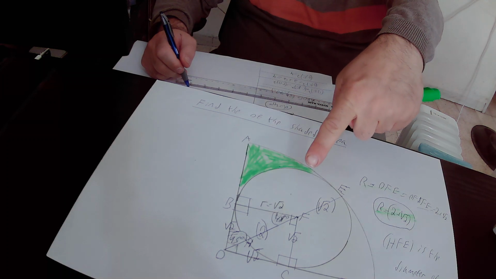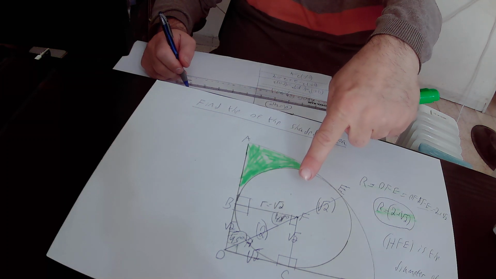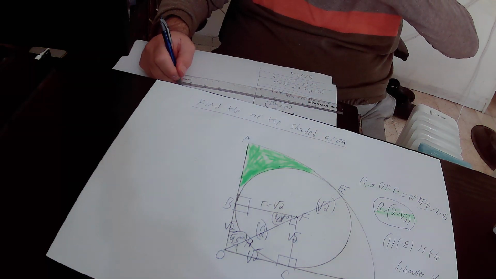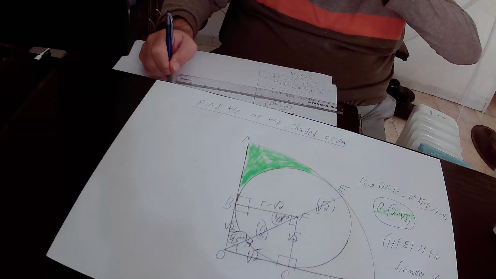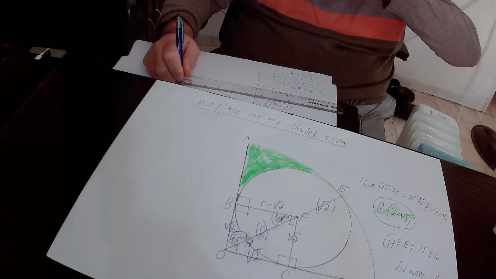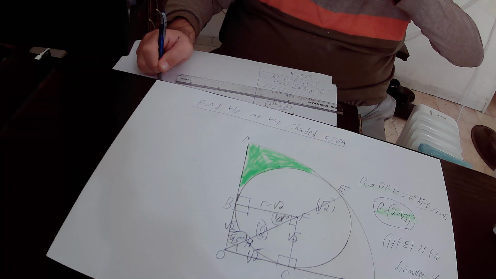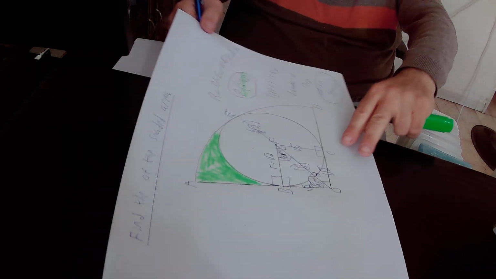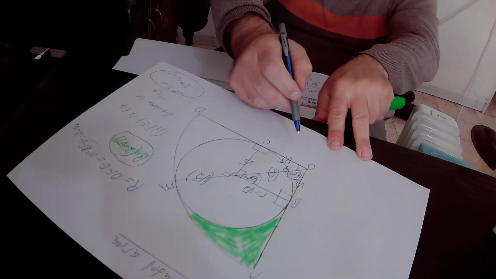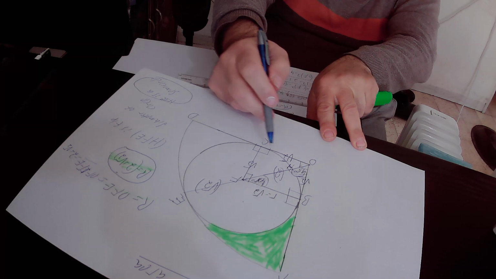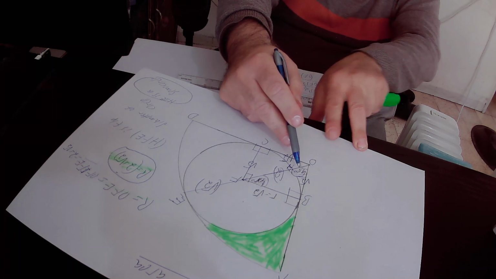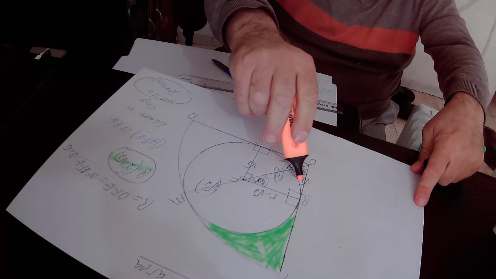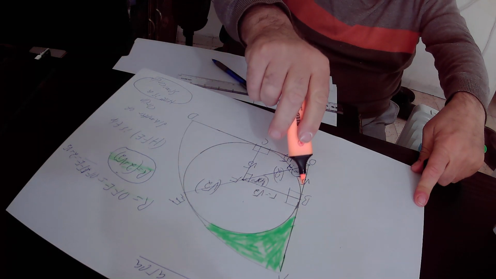Minus the size of this small semicircle, and minus the orange shape BOH.